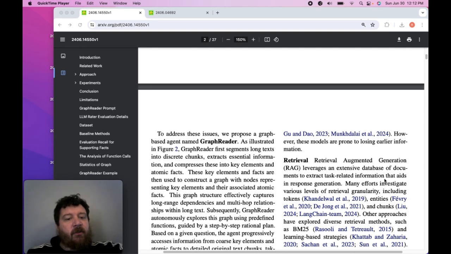What I do is turn that into a graph, and from there I extract the essential information, which they call the key elements. It will essentially go through and find the key elements of Harry Potter, which would be like Hogwarts, Dumbledore, magic, these types of things.